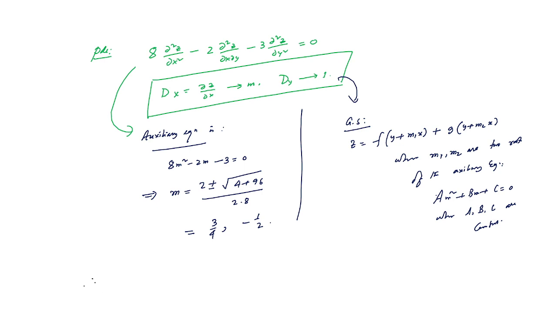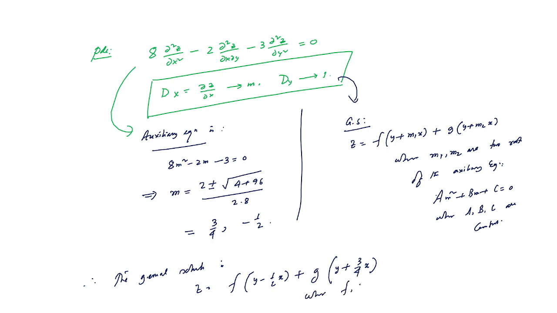So what will be the general solution? Therefore, the general solution is z equals f of y minus half x plus g of y plus 3/4 x.